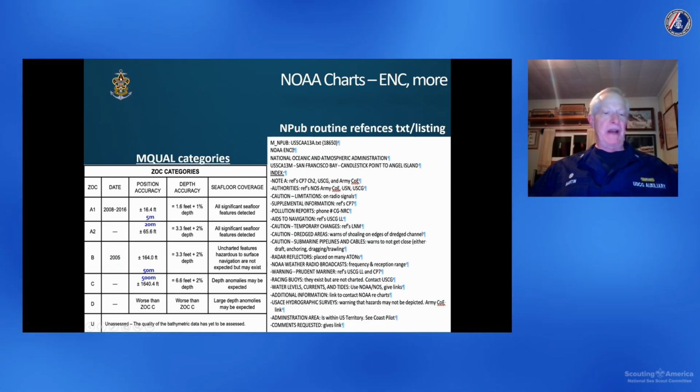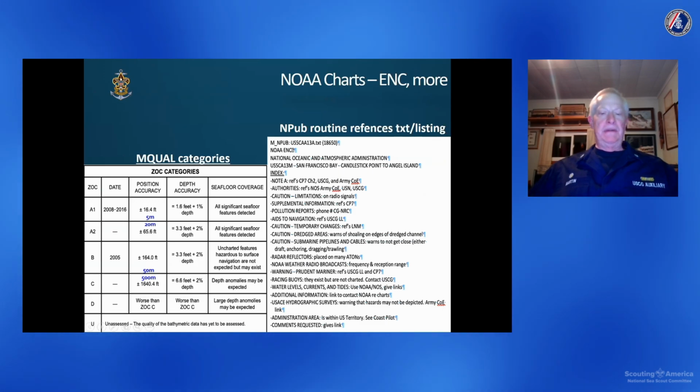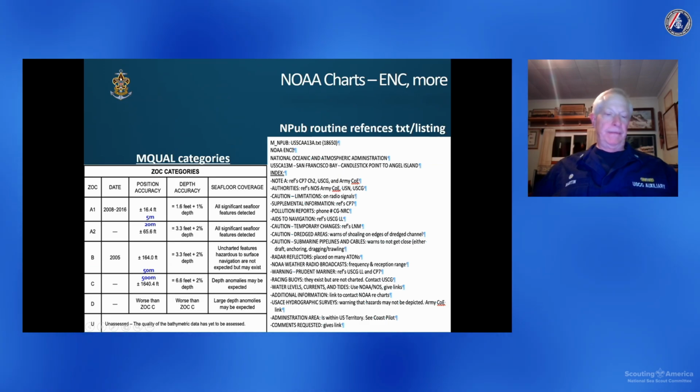C, position accuracy, 50 meters, 500 meters. So the quality of the data is explained in these zones of confidence.